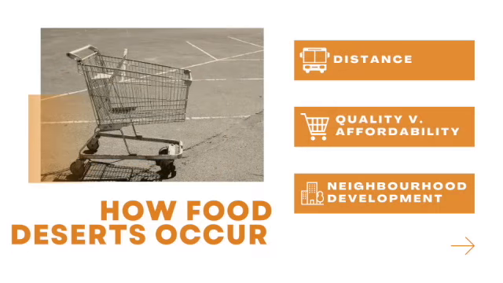So how do food deserts occur? They have everything to do with distance from affordable food stores or places that sell nutritious foods, etc. And of course, quality and affordability have everything to do with it.